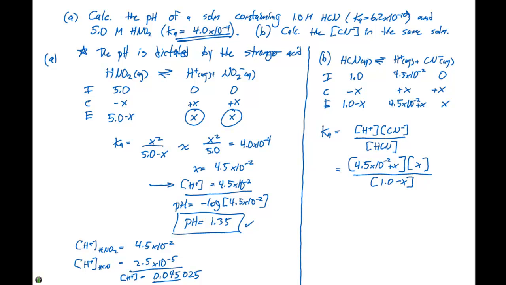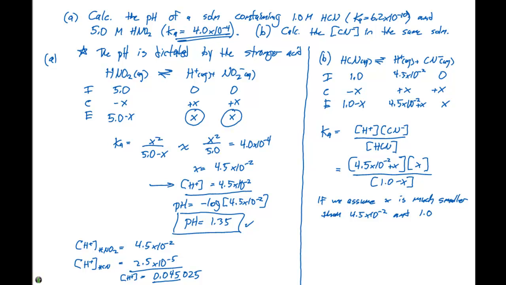So if we assume x is much smaller than 4.5 times 10 to the minus 2 and 1.0, we can simplify our expression.